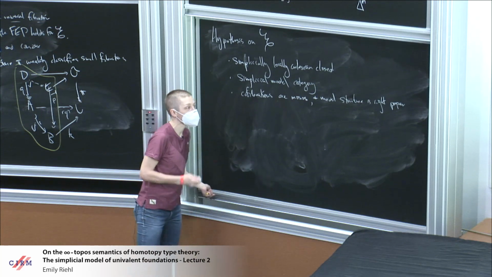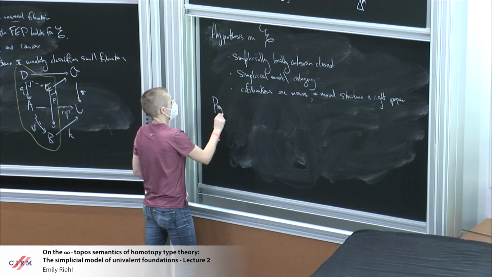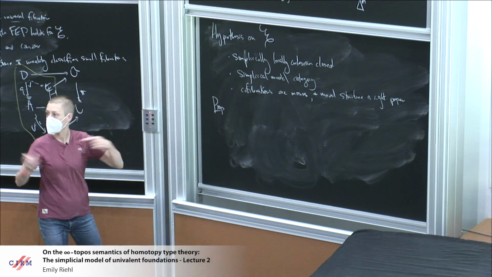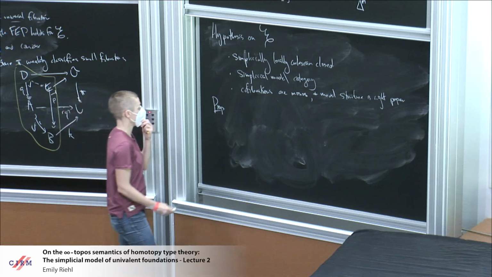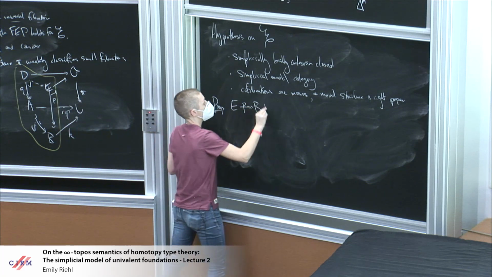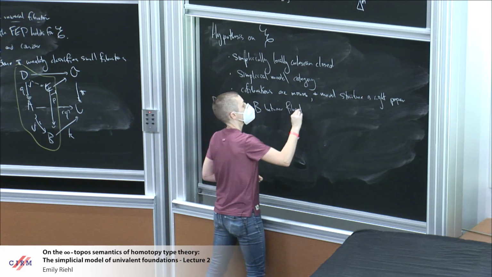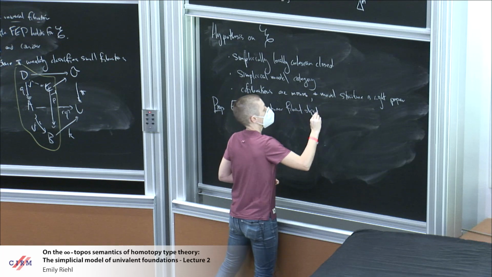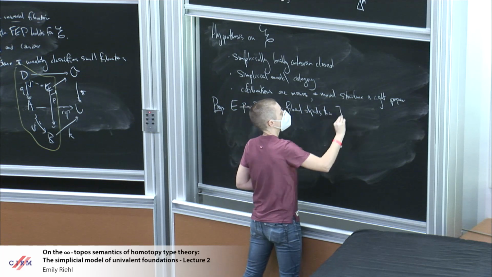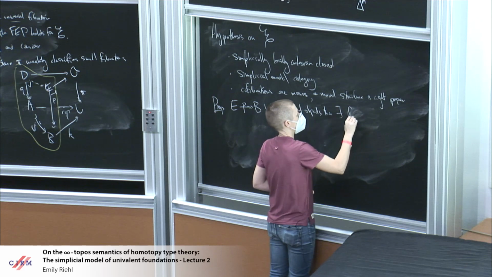So where do I use these hypotheses? It's in a construction that I mentioned at the very start last time that I'll revisit now. If I have a fibration P between fibrant objects, then there exists this relative path space, the fibered path space factorization.